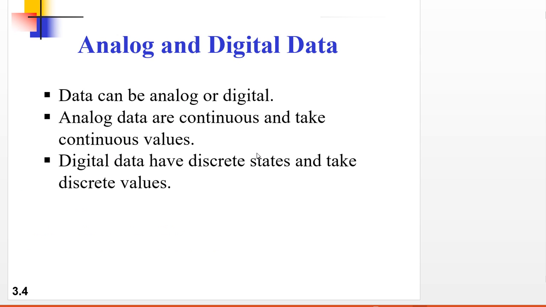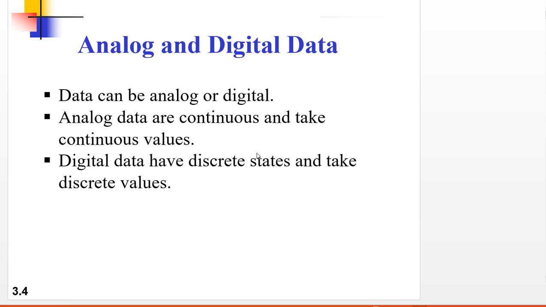Then what is analog and digital data? I've already explained that. You can see data can be analog or digital. Analog data are continuous and take continuous values, not discrete. If it is discrete, that is obviously digital data. This is the difference between analog and digital data.